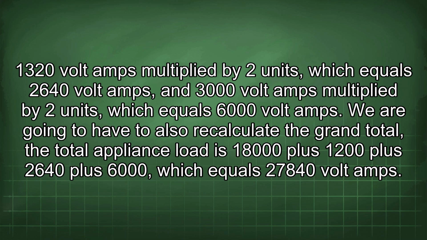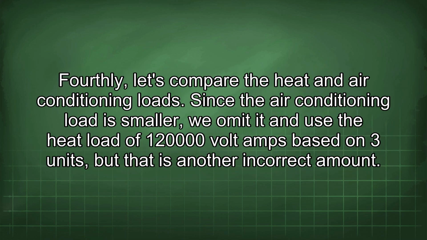We are going to have to also recalculate the grand total. The total appliance load is 18,000 plus 1200 plus 2640 plus 6000, which equals 27,840 volt amps. Fourthly, let's compare the heat and air conditioning loads.